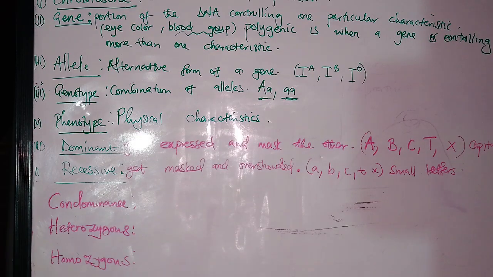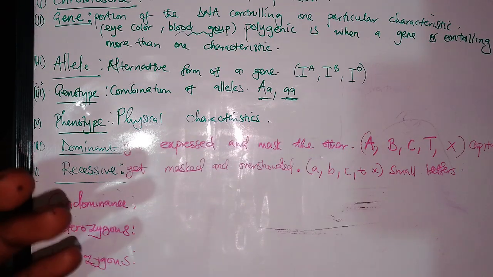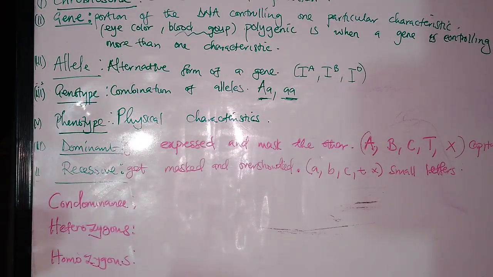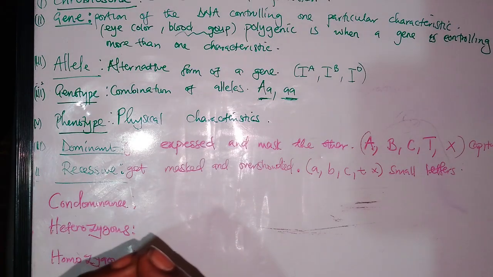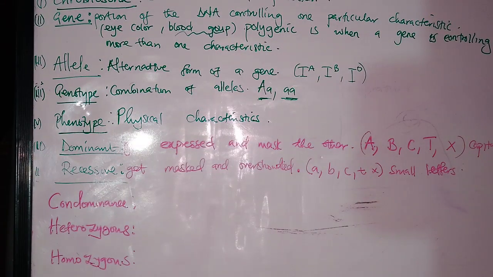So what does codominance mean? Whenever you hear the word codominance, just remember that since we have a dominant, we also have a recessive. Then when we have codominance, this is where different alleles are expressed in the phenotype. So under codominance, no allele gets masked.